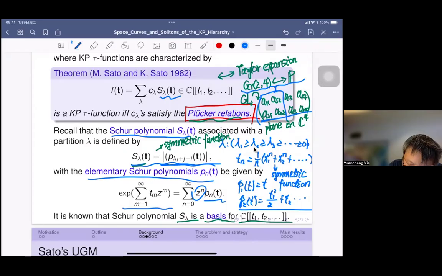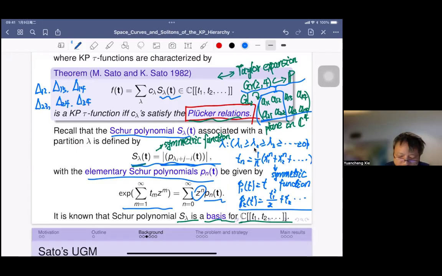And the embedding happens in this way. We take the 2x2 minors of this 2x4 matrix. Let me write the minors as Δ12, that means I take the first and second columns, Δ13, the first and third columns, Δ14, and Δ23, Δ24, and Δ34.